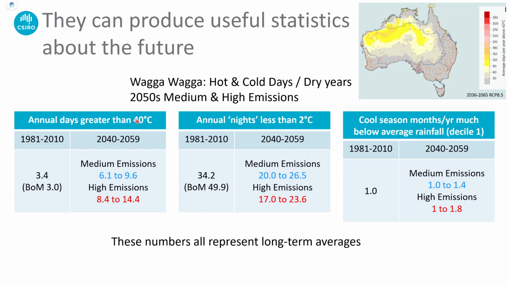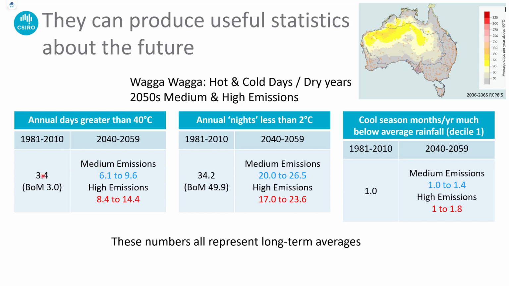So if we look at the days greater than 40 degrees, in the data that we've used in this period in the past, we were seeing an average of 3.4. Now, if we look at the Bureau's Wagga Wagga weather station, they say 3.0, so it's fairly close. There are some methodological differences that account for the difference between the two numbers.